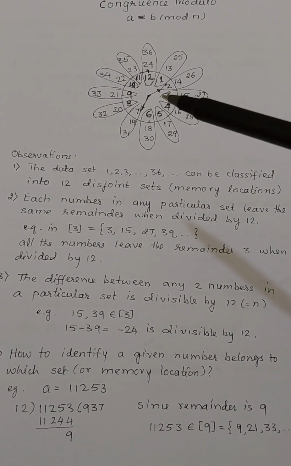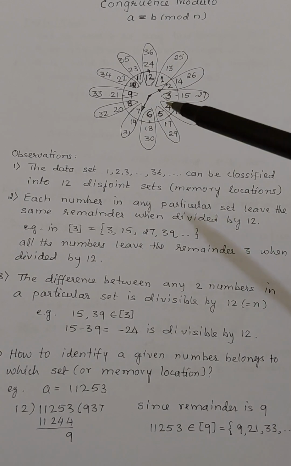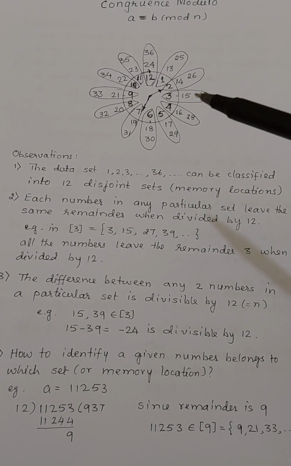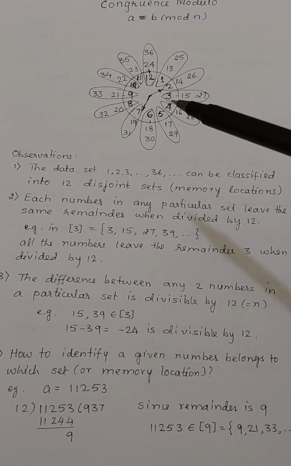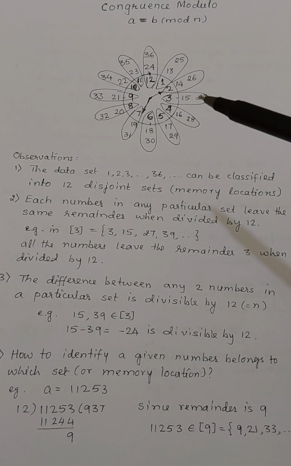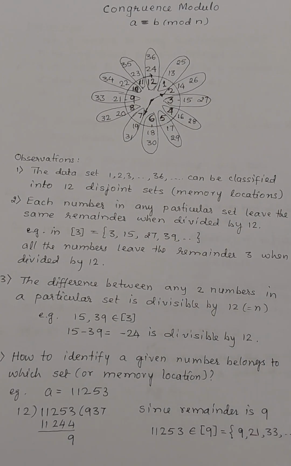Within each set, the numbers are said to be congruent. 3 is congruent to 15, 15 is congruent to 27, and you can see the property here: each number is increasing by 12. So after 27 we can expect 39.